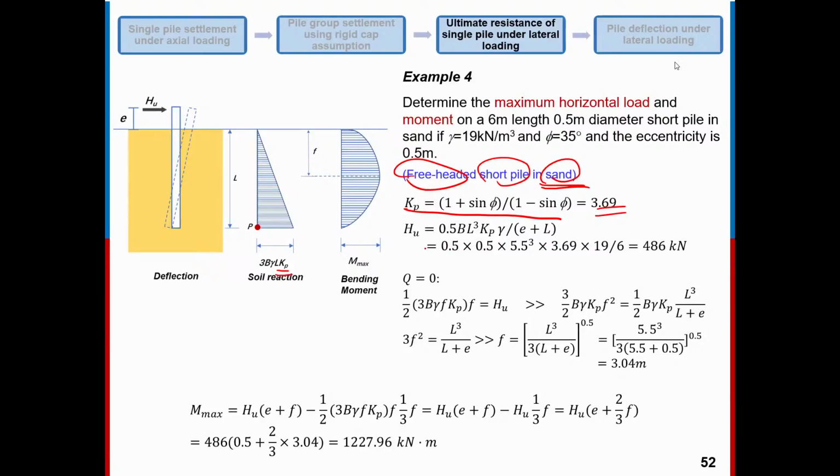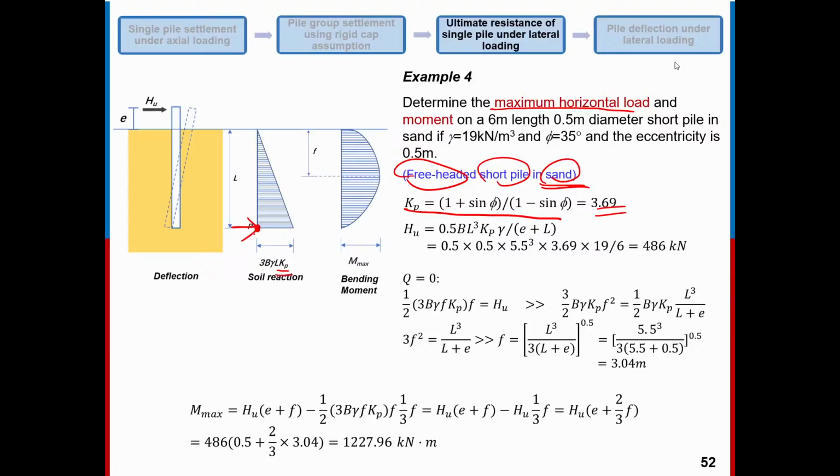And Hu is the ultimate horizontal force, or maximum horizontal loading. Here we just take a moment at this point, because at this point we have a force here. There should be another arrow pointing to this red dot.